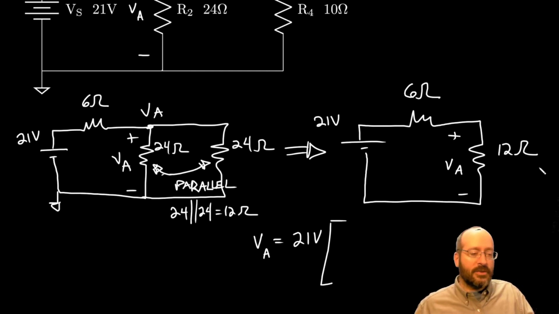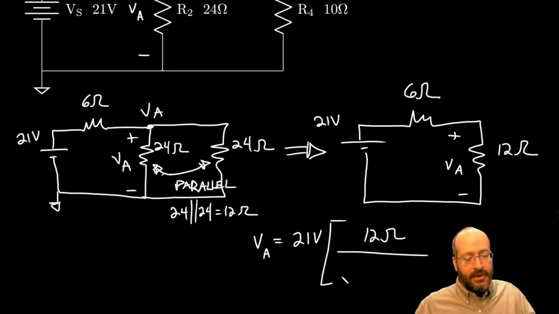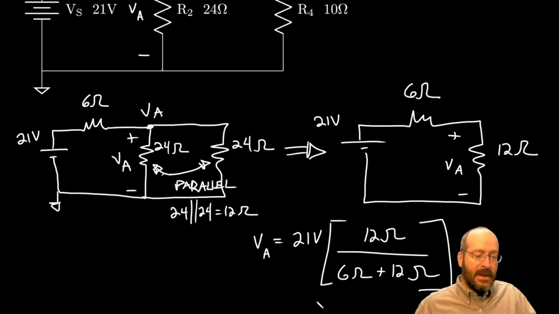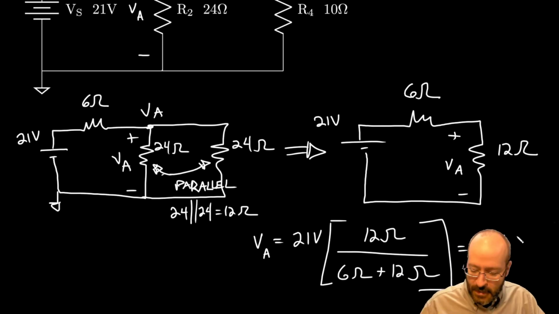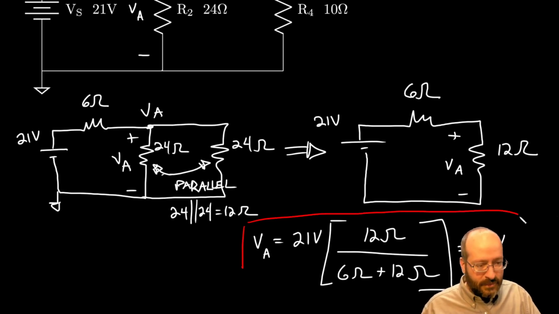We want to know the voltage across the 12 ohm, so the 12 ohm goes in the numerator, and we divide by the sum of the resistances. Okay, and we get 2/3 of 21, also known as 14 volts. All right, that's what we're looking for.